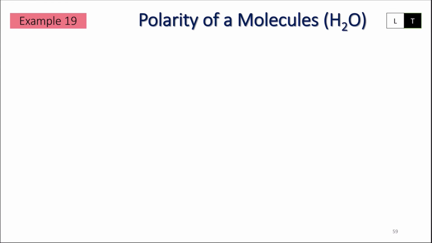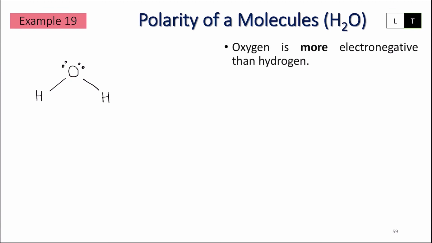I have H2O. Kalau lihat dekat sini, H2O, the molecular geometry for H2O is V-shape, like this one. So you can understand here, oxygen is more electronegative than hydrogen. That is why untuk bond polarity kita akan ada partial negative on oxygen and partial positive on hydrogen.